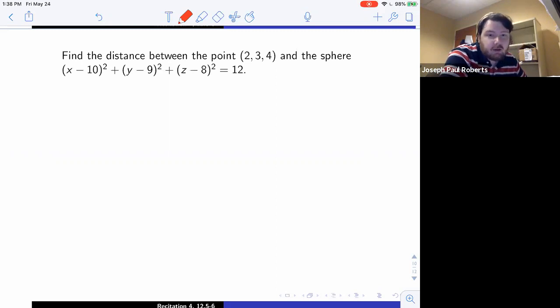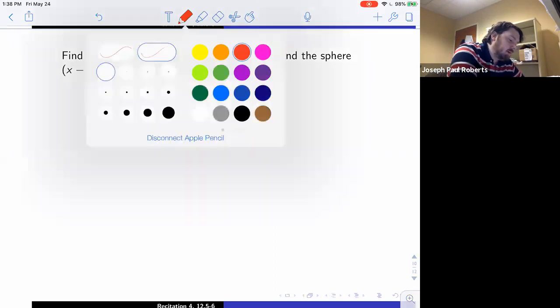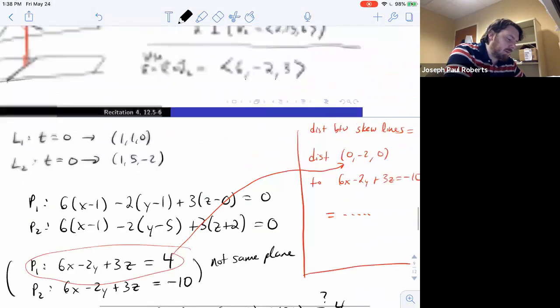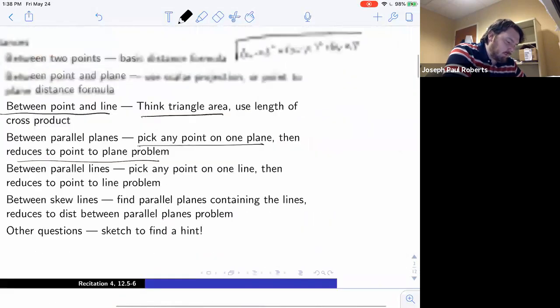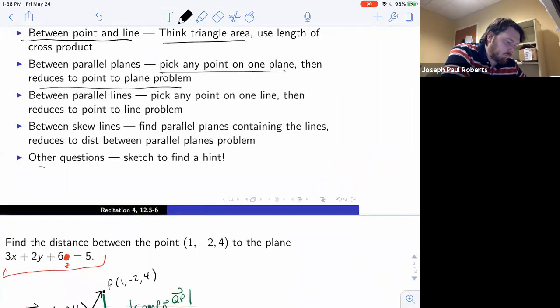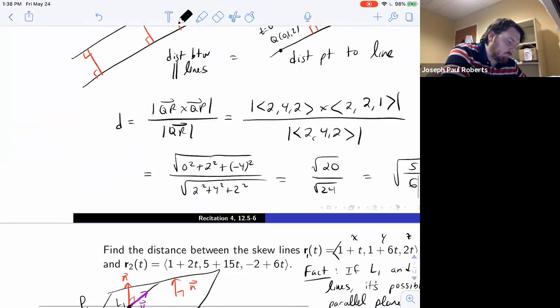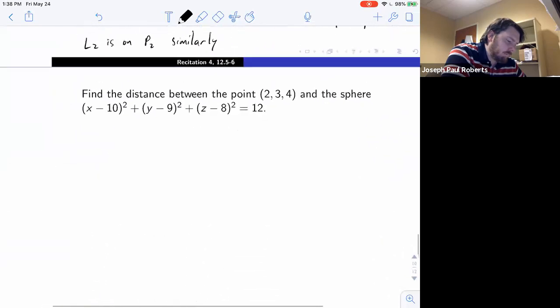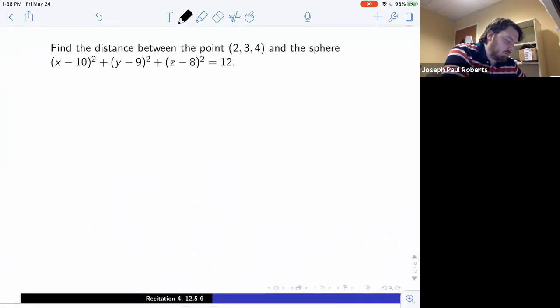we will later on have a way to do this with calculus, but for today, let's try to do this using geometry. And so this was my last tip here, that for some other kind of question, draw a sketch to try to find a hint. Okay. So point to a sphere.